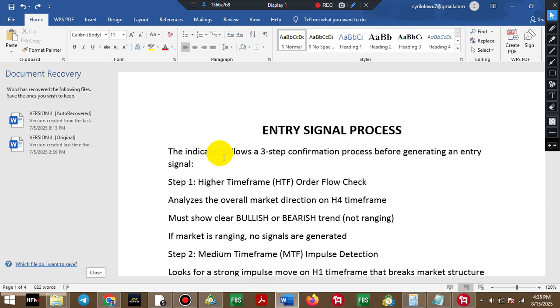But before I proceed, I'll tell you how this software generates signals, for those who are using it, so that you don't feel it's not working, and you should understand exactly what the system does before it gives you a signal, right? Before I proceed to explain all this, I'll just take you to the chart and show you how it looks so that when I start explaining, you'll get it more clearly.